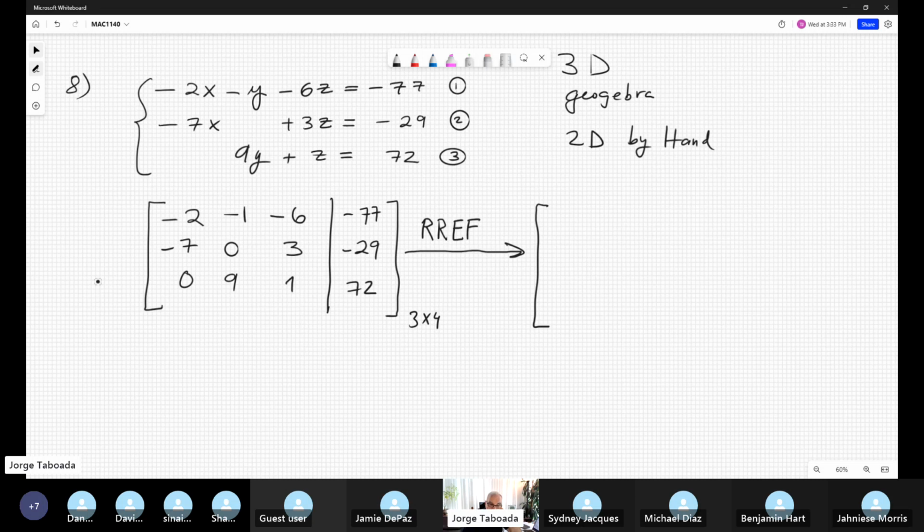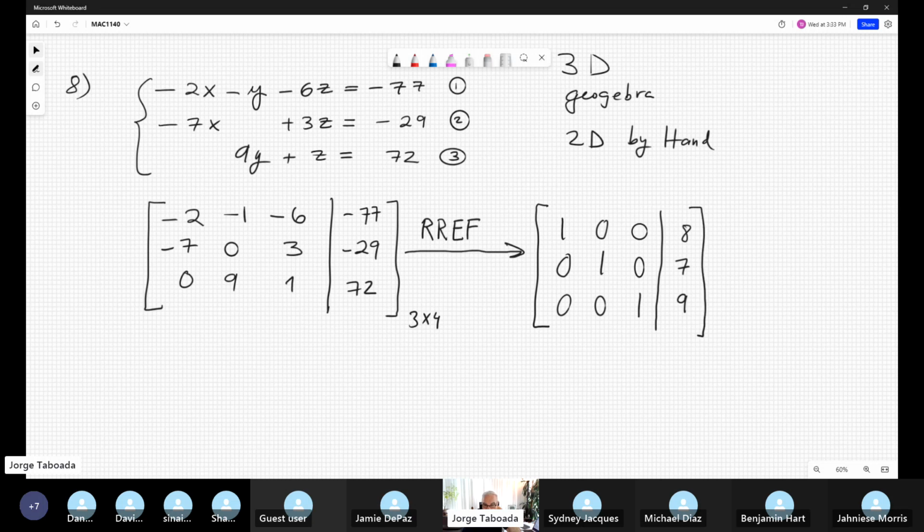It's like using the Gauss-Jordan method. In this case, you see in the main diagonal just 1, and below and above just 0. Here the right hand side, we have the solution that is 8, 7, and 9.